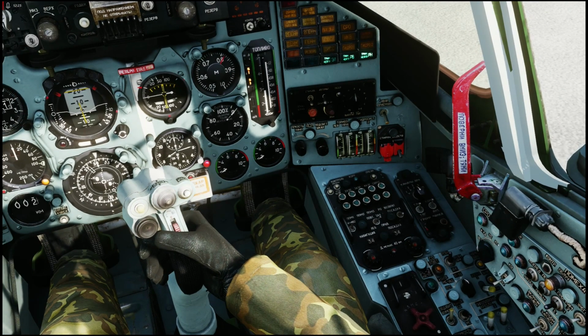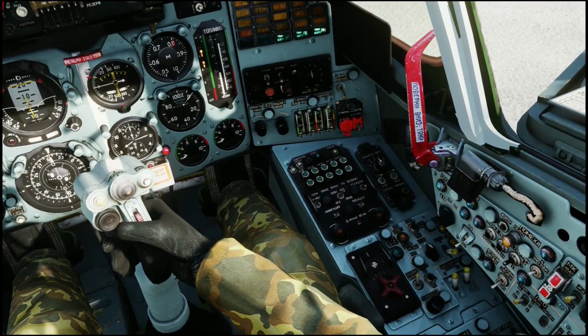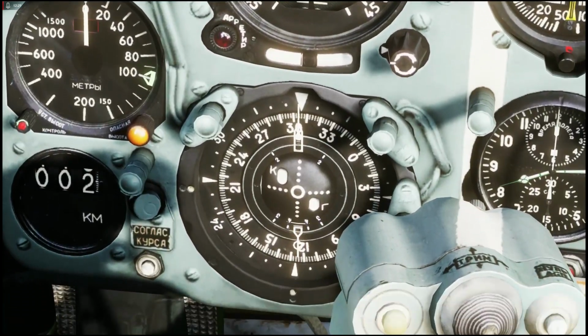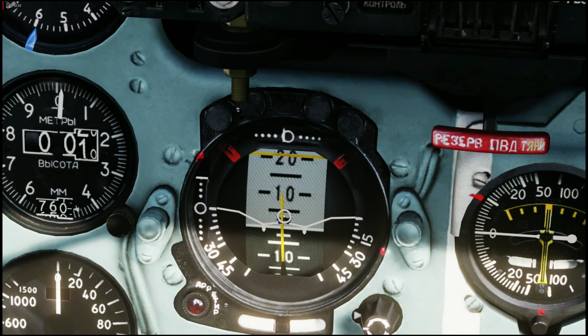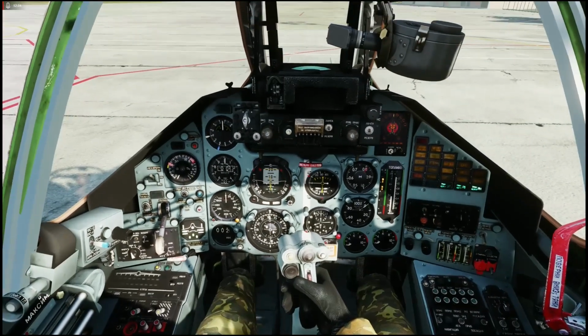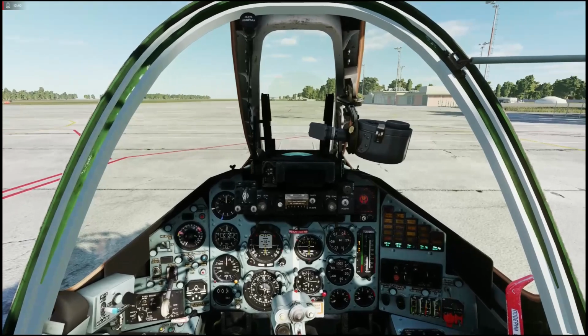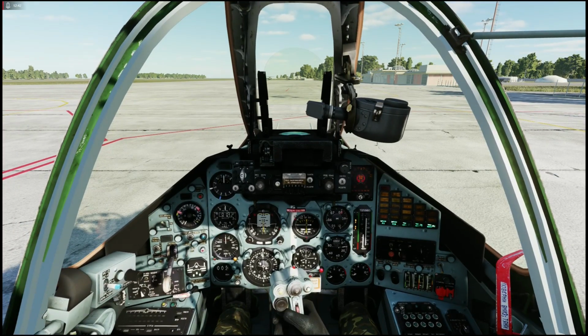So right now I'm in no task mode. I know that because everything has zeroed in and I see the red markers on the ADI. So I'm going to start up. Whoops, I forgot to ask for permission. Well, they don't care.